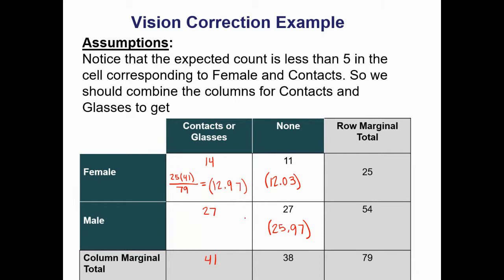And then we have to get our expected counts for males. 54 times 41 divided by 79.